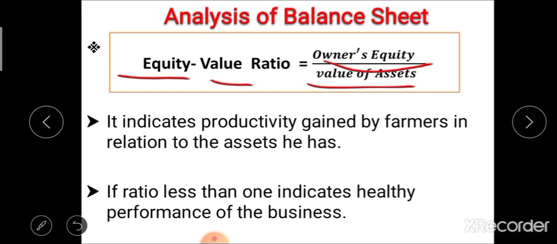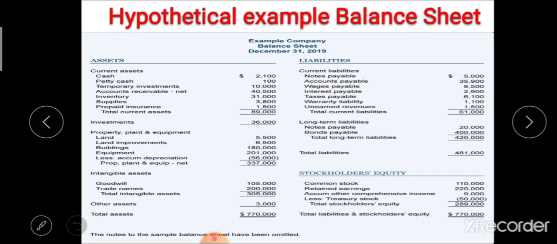That means whatever the productivity of a farmer along with his assets can be indicated by this equity value ratio. And if this equity value ratio is less than 1, then it indicates sound running of business or healthy performance of business. So these are the different test ratios which are used for analysis of balance sheet.